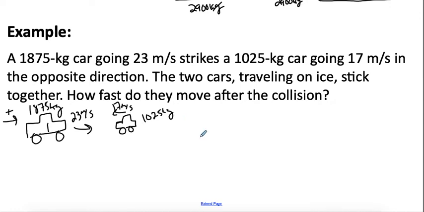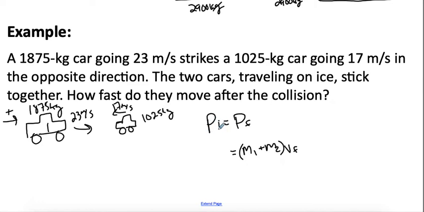So this will change our numbers a little bit. It's going to change mostly positives and negatives when we look at initial momentum, and we'll see what we get for our final velocity here. So they do stick together again, so that's going to be similar to what we had up above, where for the final one we're going to have mass of car 1 plus mass of car 2 times that final velocity.